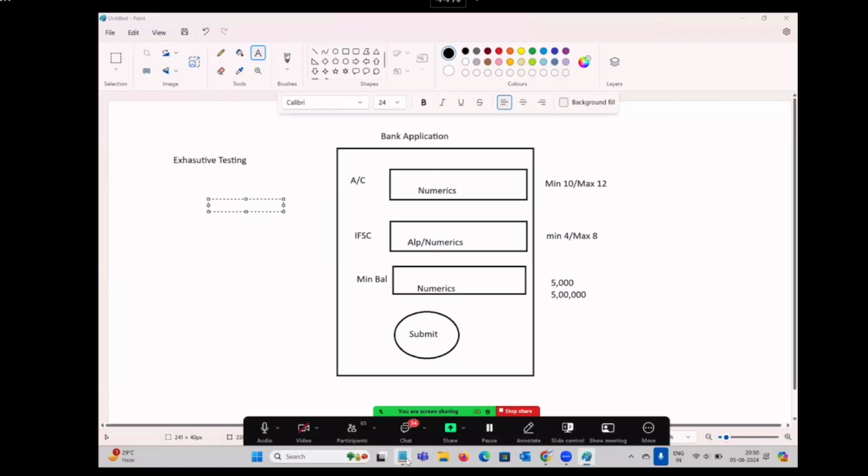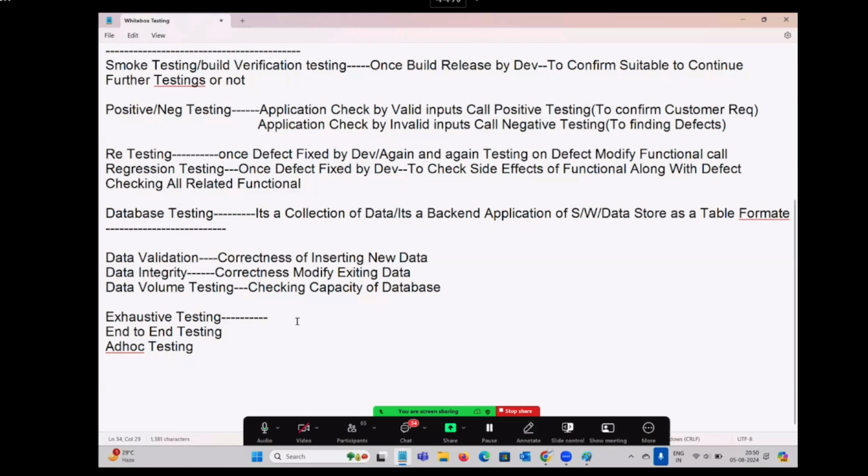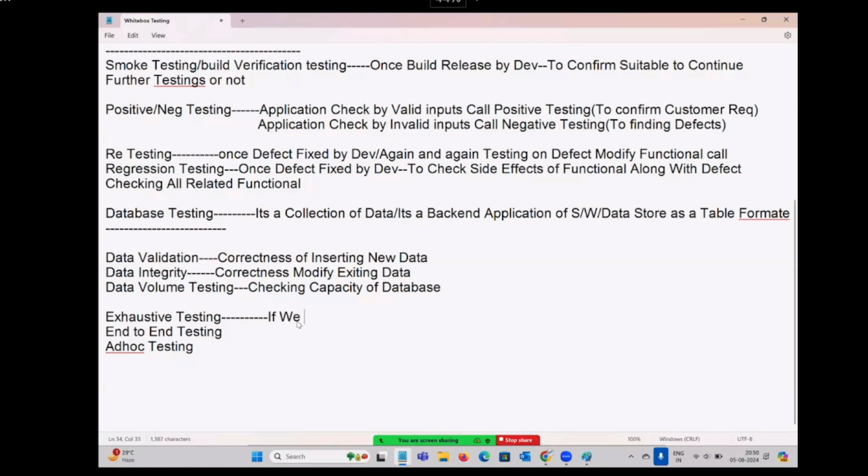Going back to Notepad, I am writing: if we test a functionality with all possible inputs, it is called exhaustive testing.